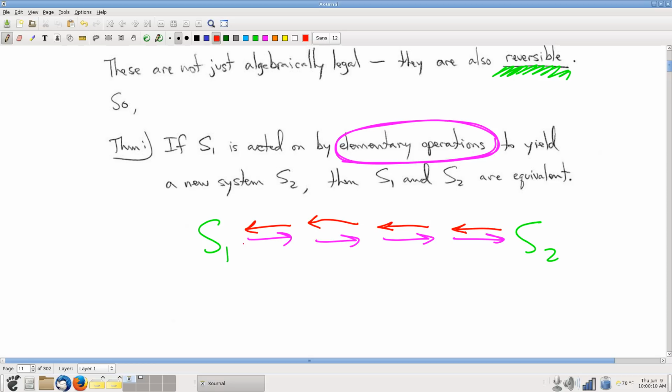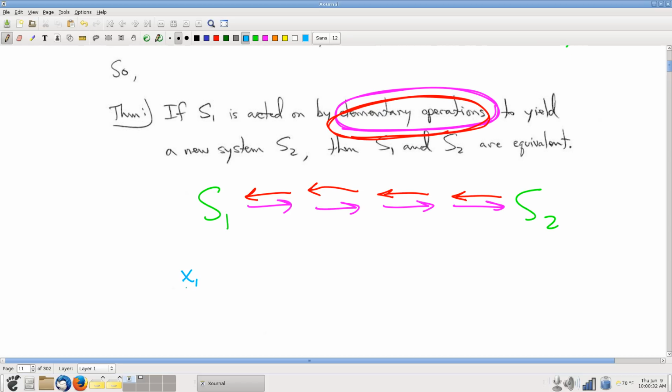All right, and now let's just think about the solutions. By the way, these are also elementary operations in red. So let's think about, for example, suppose we have some collection of solutions, a collection of numbers, I'm going to call them x1 through xn.